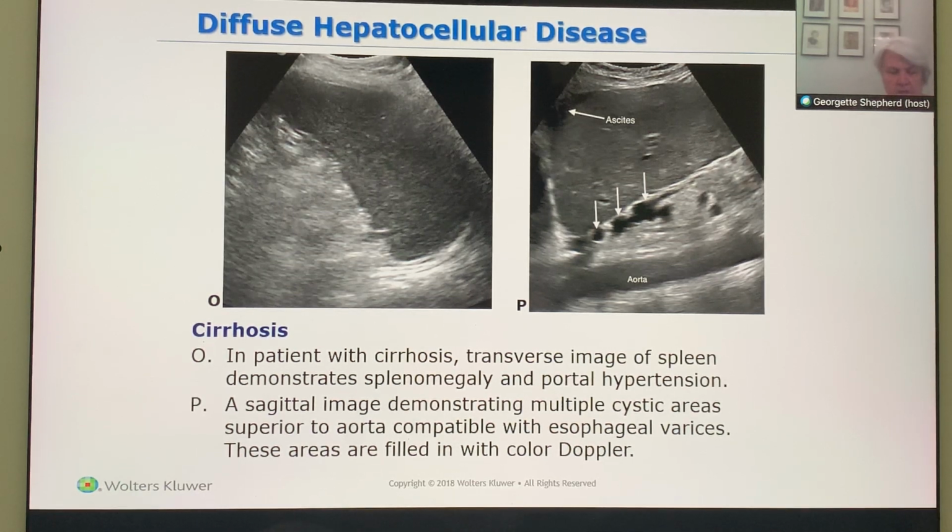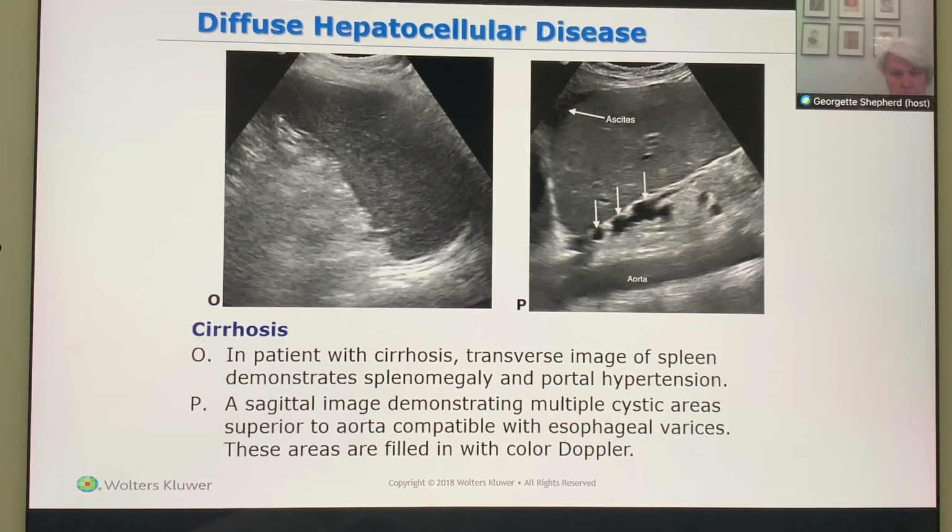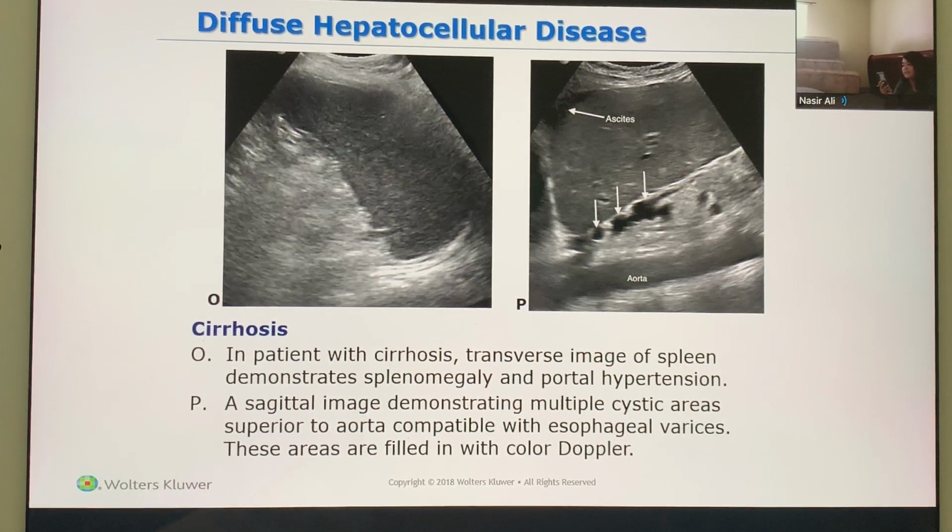It's 12 to 14 centimeters. Is that normal?